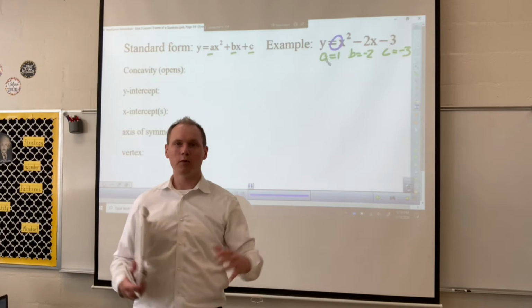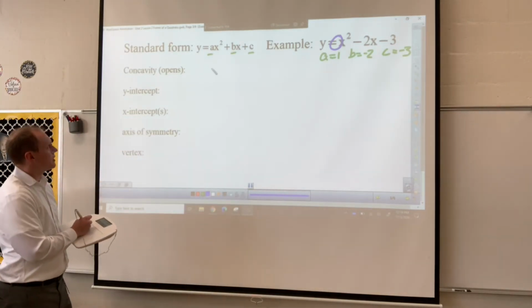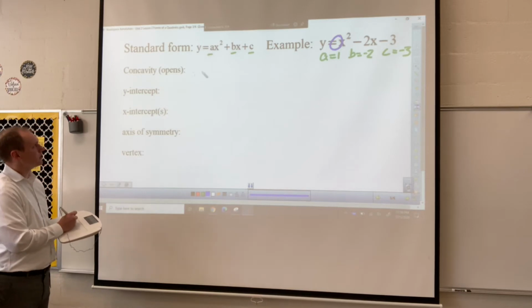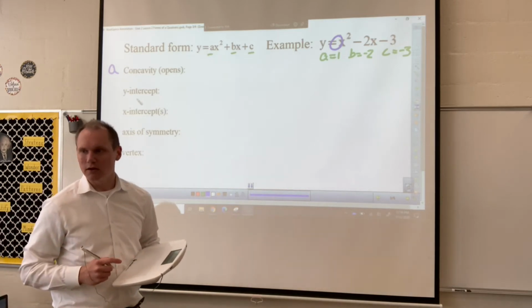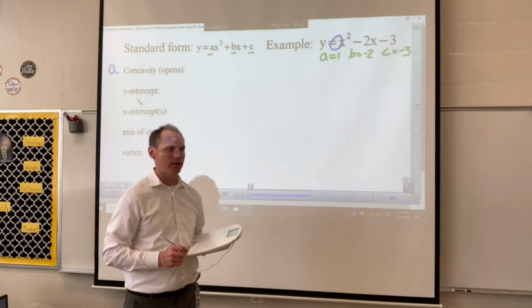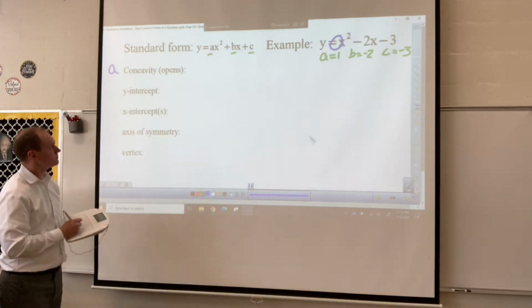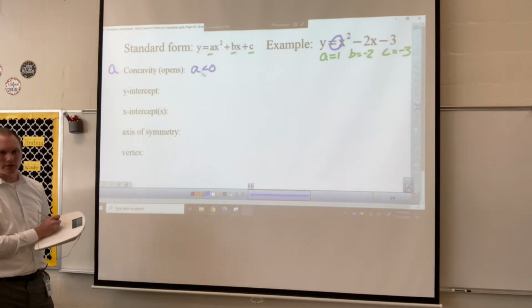If it's positive, it opens upward, and concave up. If it's negative, that opens down. So the A value tells us the concavity. So I'm going to put A right here next to the concavity because that's what determines the concavity. B and C have no effect on the concavity. So if A is less than 0, that's a fancy way of saying what?